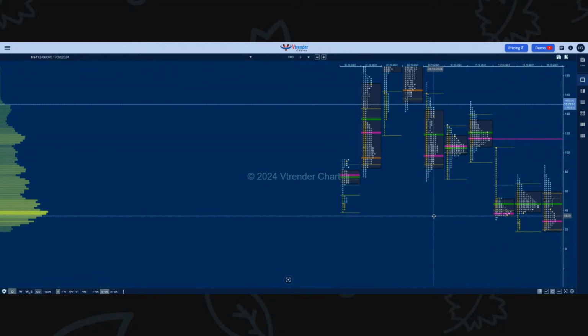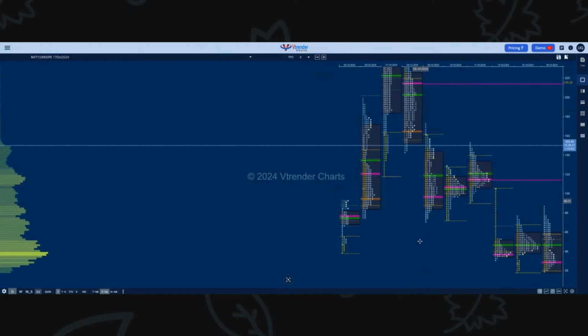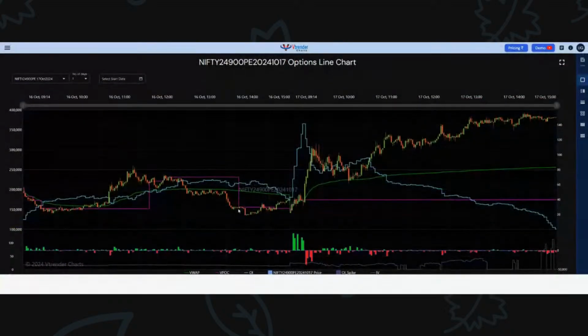And just like how we were seeing the objectives on the upside, these POCs would have been our targets. These unvisited POCs, 115 and 215. So this is how we get the objectives, and the VWAP also of the profiles which have not been tagged. We can do this on the market profile chart as well as the line chart.